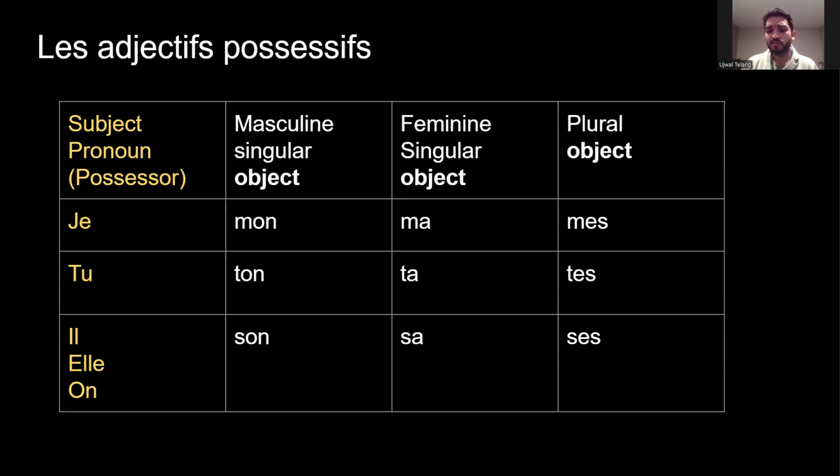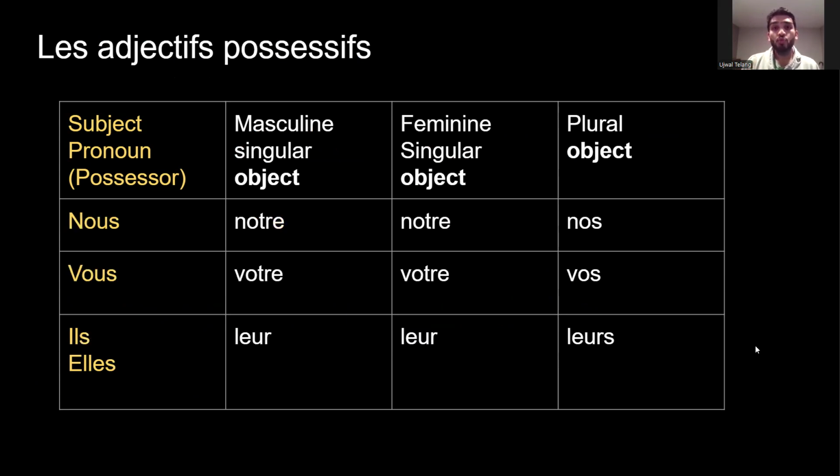It's rhyming, so it's pretty easy to memorize as well. And in terms of nous and vous, it's gonna be notre, notre, nos, votre, votre, vos. For plural il and elle, so that means they, it's gonna be leur, leur, leurs.